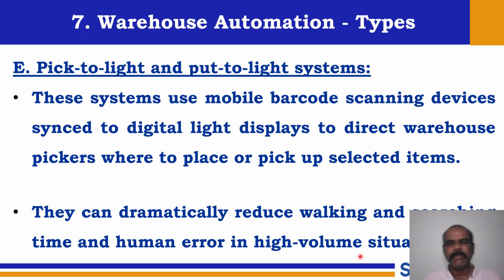So this is very simple. It is going to have a display unit. It might be an HV or it might be an AMR, and it is going to have a display unit which tells what product is on board, where it is going, and from which point it is coming. So likewise, it is going to give all sorts of data. That is what pick to light and put to light systems are.